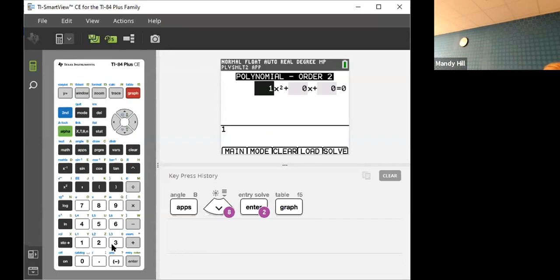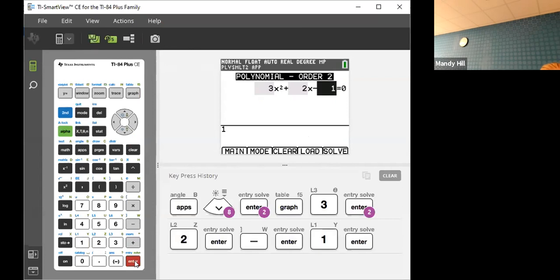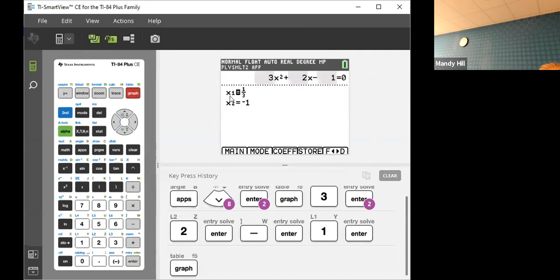So we would go in here and type the stuff in. 3, enter, x squared plus, enter, 2x, enter, minus, enter, 1, enter. And then we want it to solve, and the graph button is right under solve. So we hit enter, and it tells us the answers, 1/3 and negative 1.